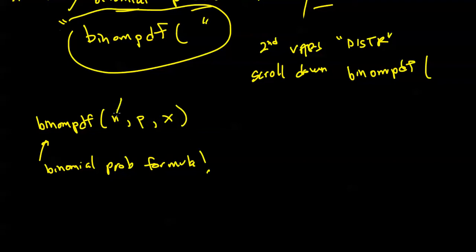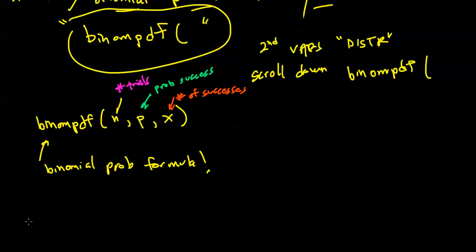And remember, little n is your number of trials, little p is your probability of success in any one trial, and little x is the number of successes you're looking for.